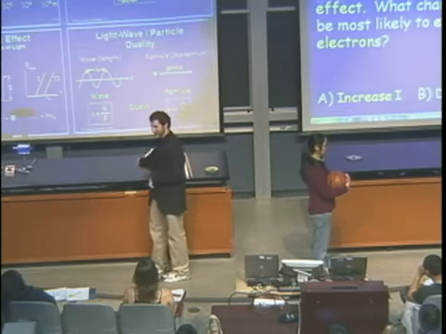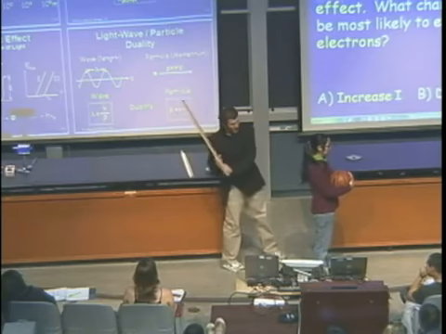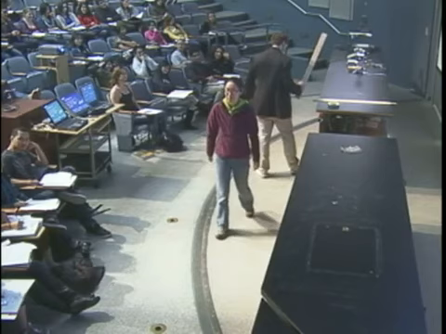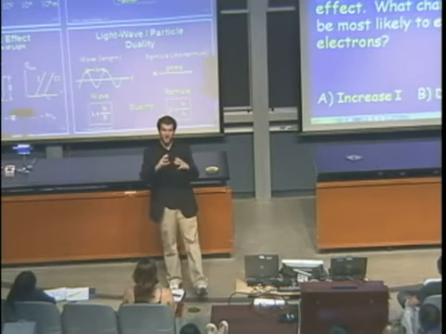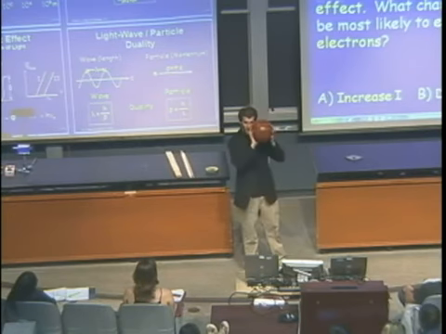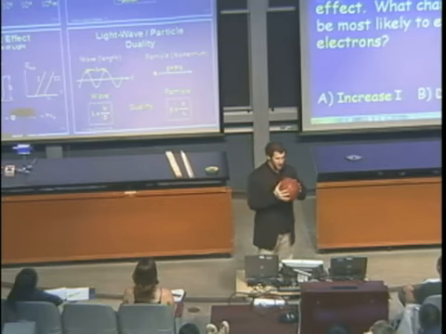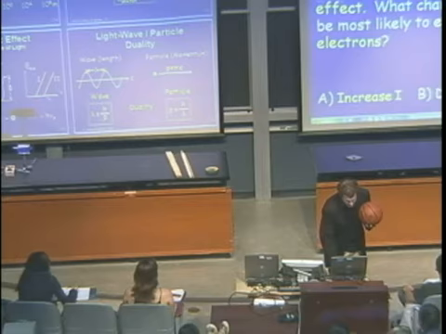But with the big dog, all I need is one, bam, and the basketball is gone. Because it's a one-to-one interaction, one photon, one electron. So, going off of that, let's talk amongst ourselves and see if we can come to a consensus here.